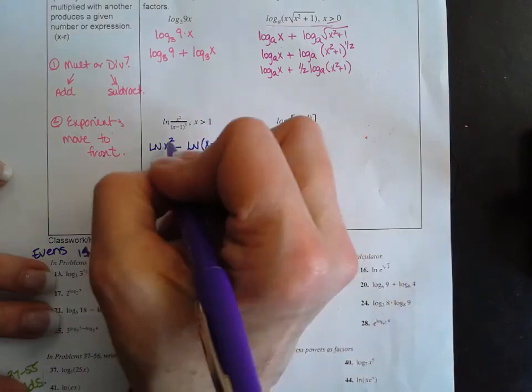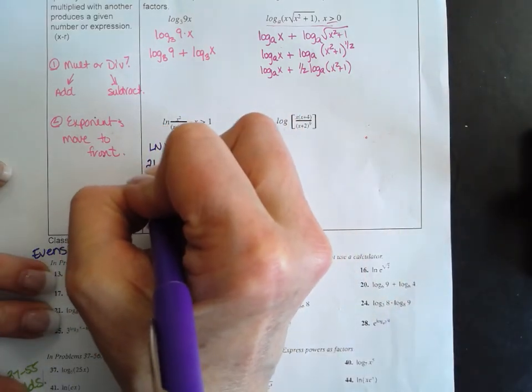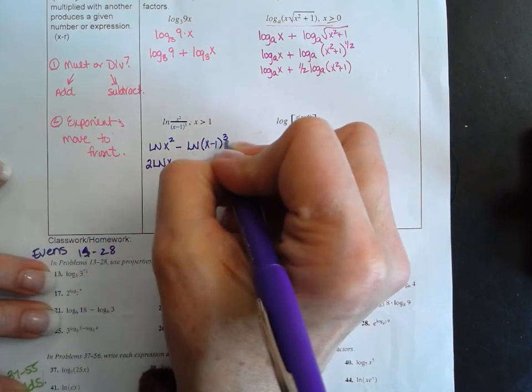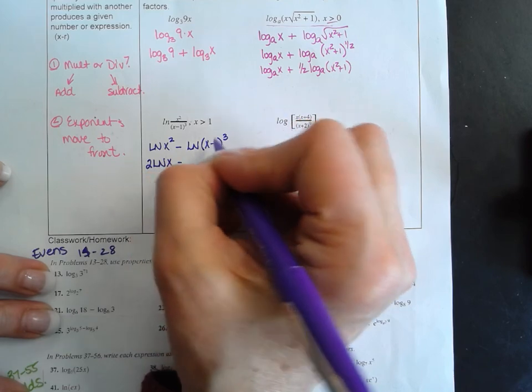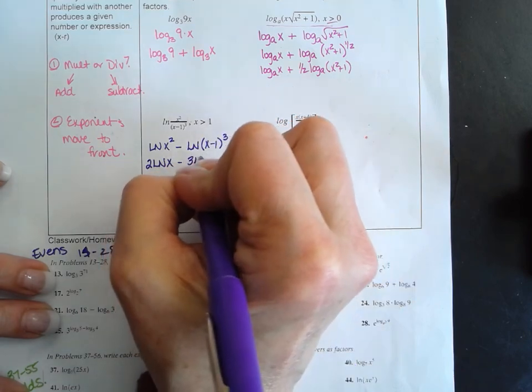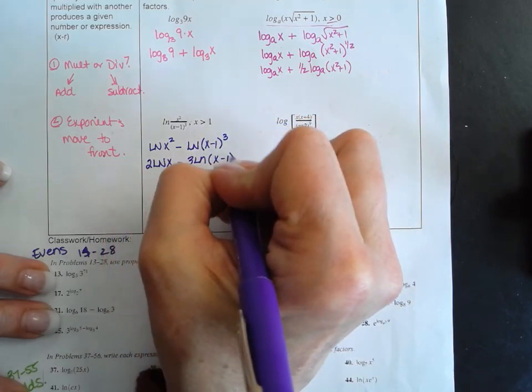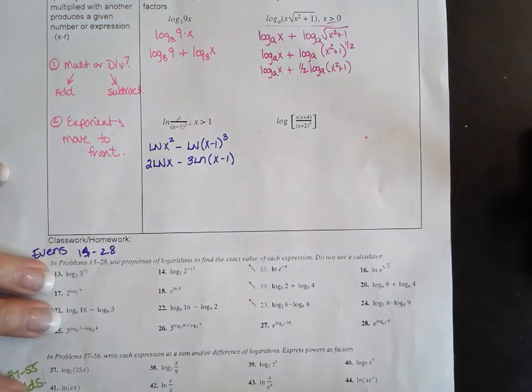Yeah, 2. Let's throw that to the front. And then I also have this 3 because it goes with the whole thing. Anything else I can simplify out? No, we're done. That's it.